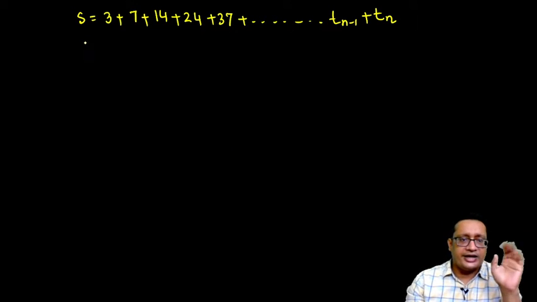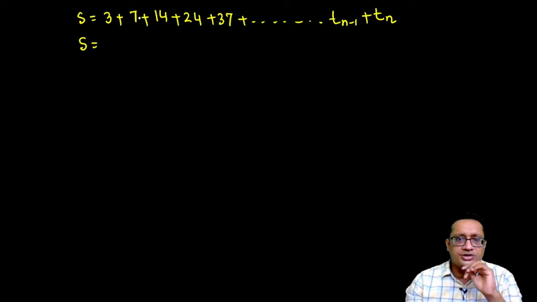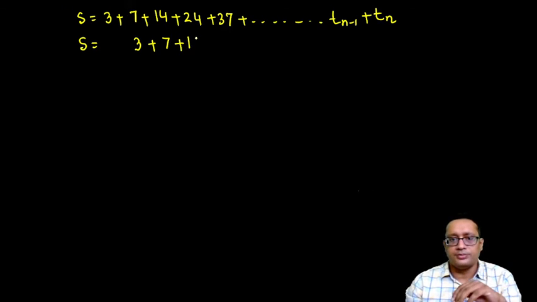So just write like this: write below S again S, and this whole set of terms gets shifted by one term. That means 3, 7, 14: 3 is shifted, 7 becomes the second term moved to the third term, 14 the third term sits just below the fourth term 24, and so on.